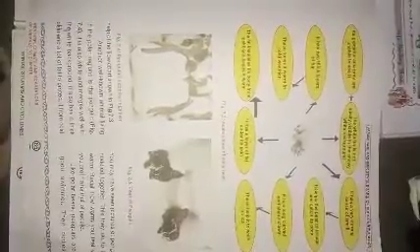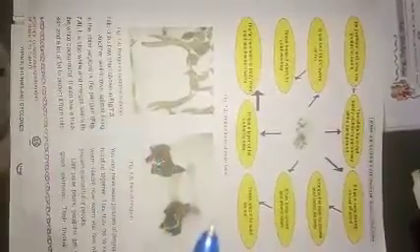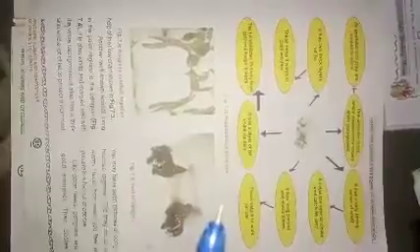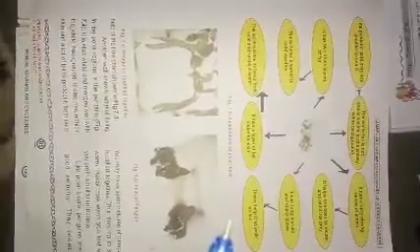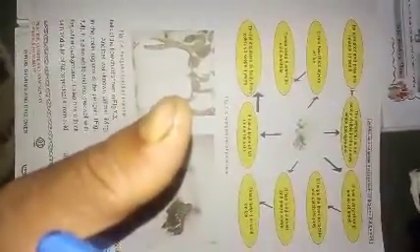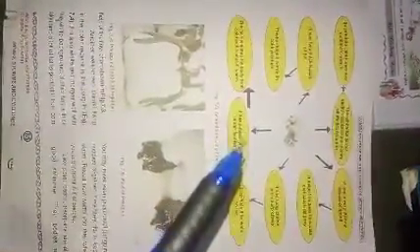Adaptation is the characteristics present in an animal that enable it to survive in a particular habitat. Okay, I will repeat. Those characteristics which enable an animal, an organism, to survive in a particular habitat, in a particular climate. That is adaptation.